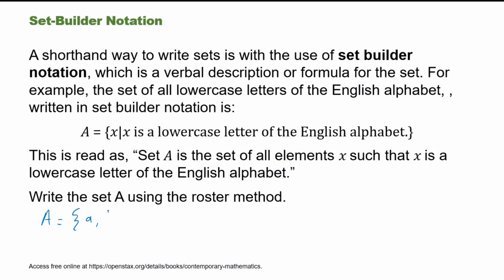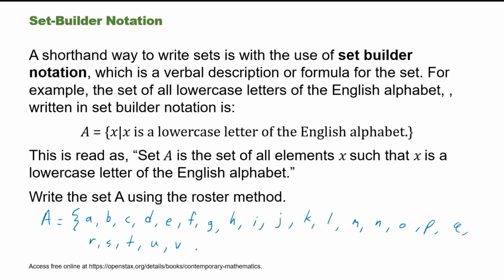So a, comma, b, comma, c, comma, d, comma, e, comma, f, comma, g, comma, h, comma, i, comma, j, comma, k, comma, l, comma, m, n, o, p, q, r, s, t, u, v, w, x, y, z, end brace.